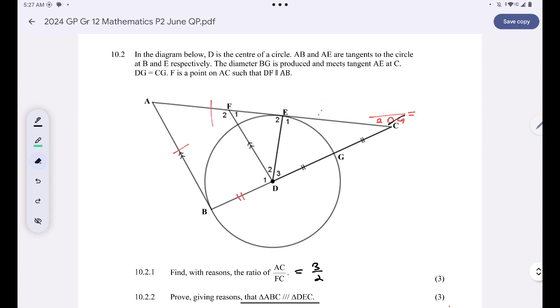And then now I need to show, giving reasons, that triangle ABC is similar to triangle DEC.